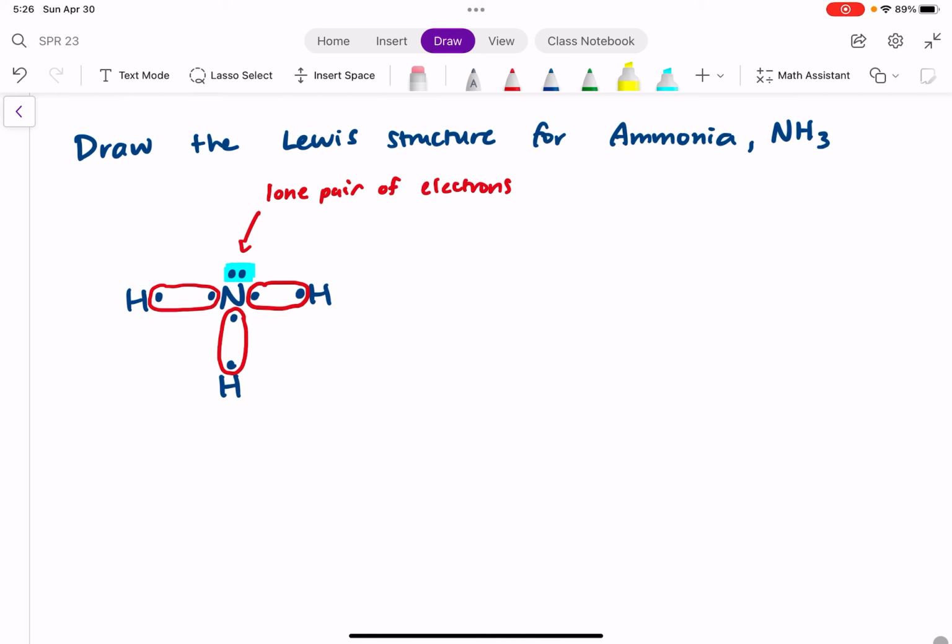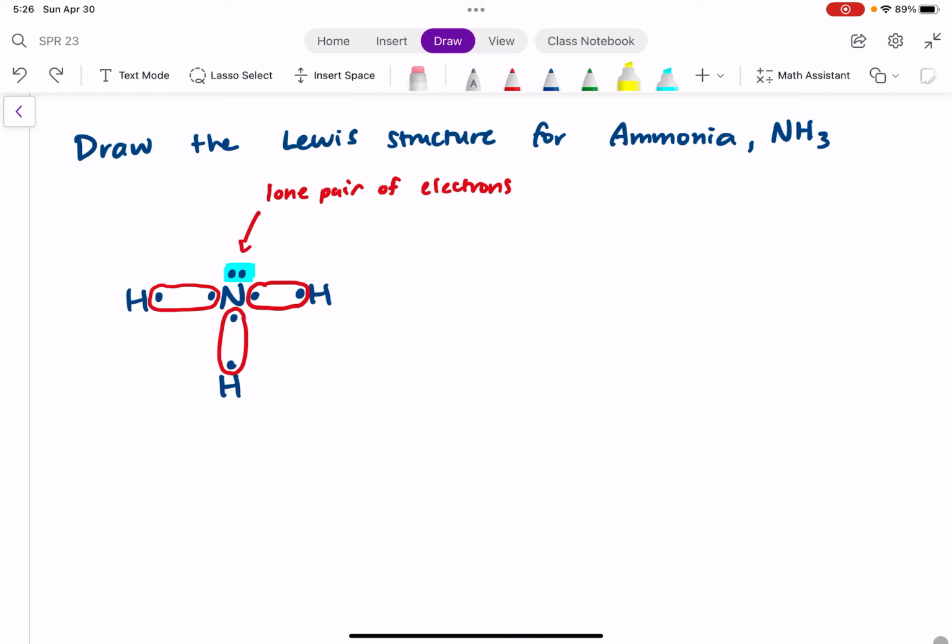So let's just do a check. Once I have all my electrons down on paper and I've bonded them, I like to check that every atom's happy. For my nitrogen, I'm asking, do I have 8 valence electrons around my nitrogen now that I'm sharing these electrons? Because remember, that's the whole reason we did this.